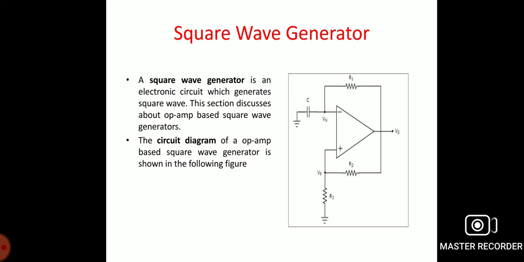Similarly, a resistor R3 is connected between the non-inverting input terminal of the op amp and ground, so the voltage across the resistor R3 will be the input voltage at the non-inverting terminal of the operational amplifier.